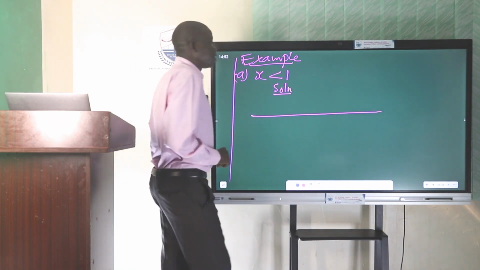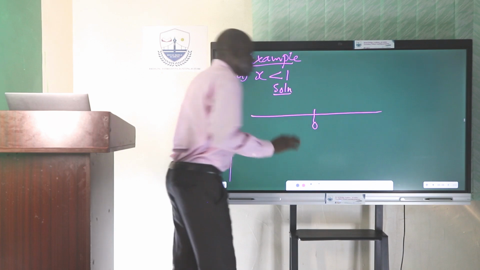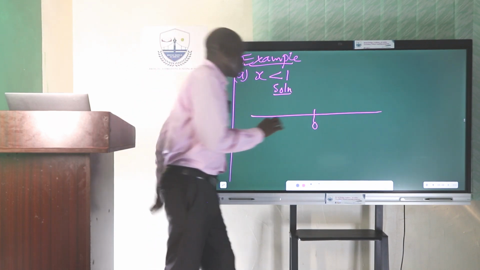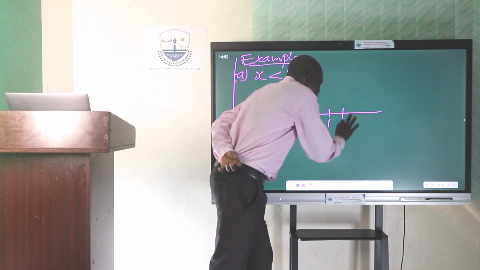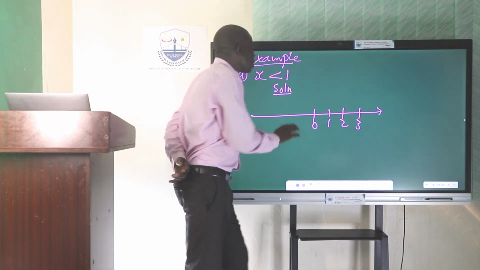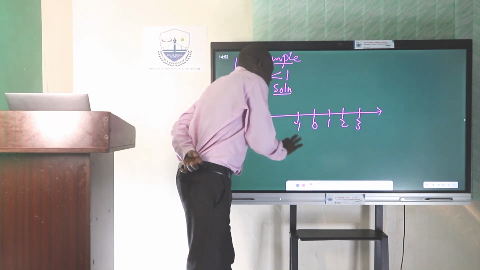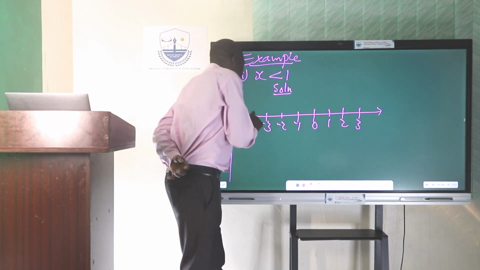This is how the number line looks. We have 0 in the middle. From 0 we go to 1 on the right, 2, 3, and so on. On the left, we have -1, -2, -3, and so on.